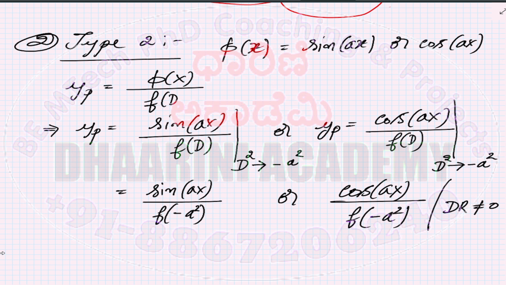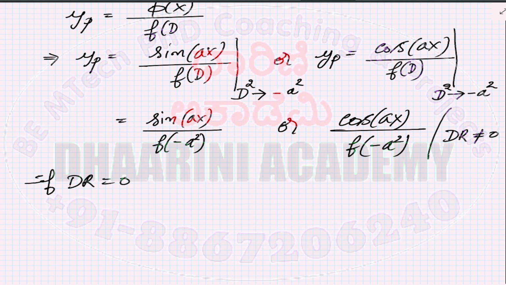So what if the denominator is equal to 0? Like the previous case, I'm supposed to do one thing. If the denominator is equal to 0, then yp becomes, if you recall, you simply multiply the term by x, keep the numerator as it is, sine of ax, but the denominator you differentiate.